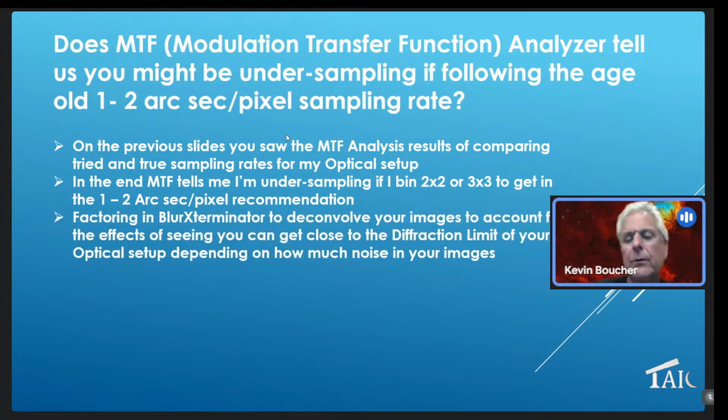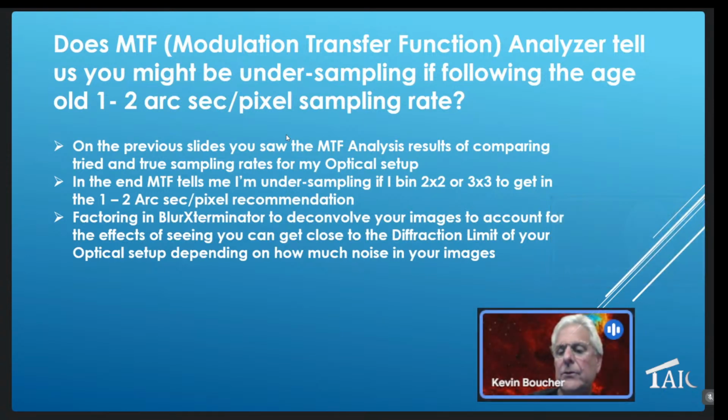If you factor in Blur Exterminator to deconvolve your images to account for the effects of seeing, and I have roughly 2 arc second seeing conditions where I shoot from here in Massachusetts, you're getting close with this tool to that diffraction limit maximum of what your optical setup can handle, depending on how much noise you're getting in your images. And frankly, I wasn't getting much noise with that camera.